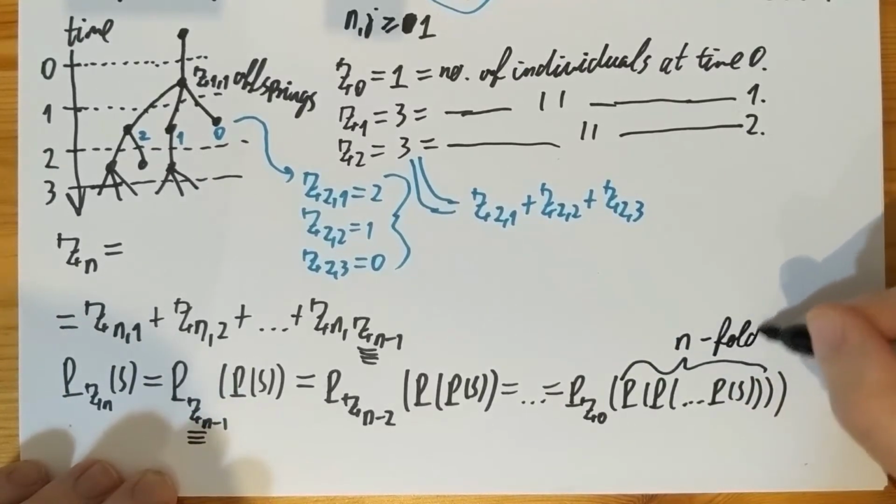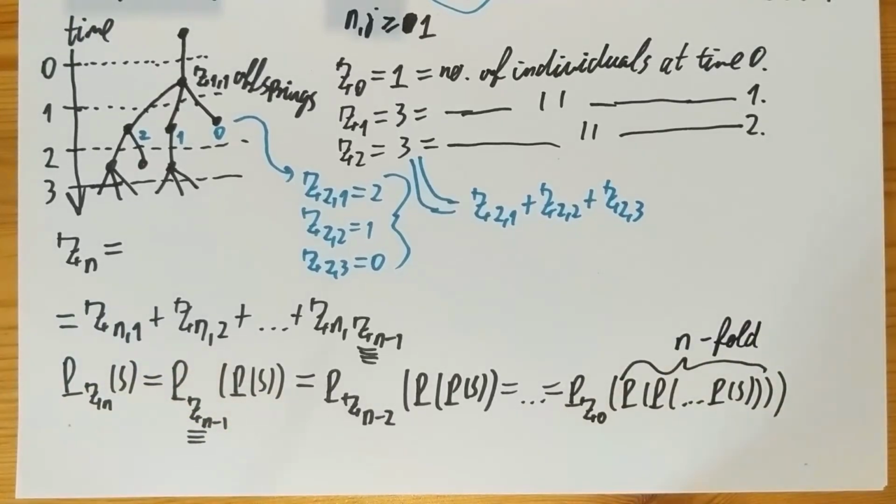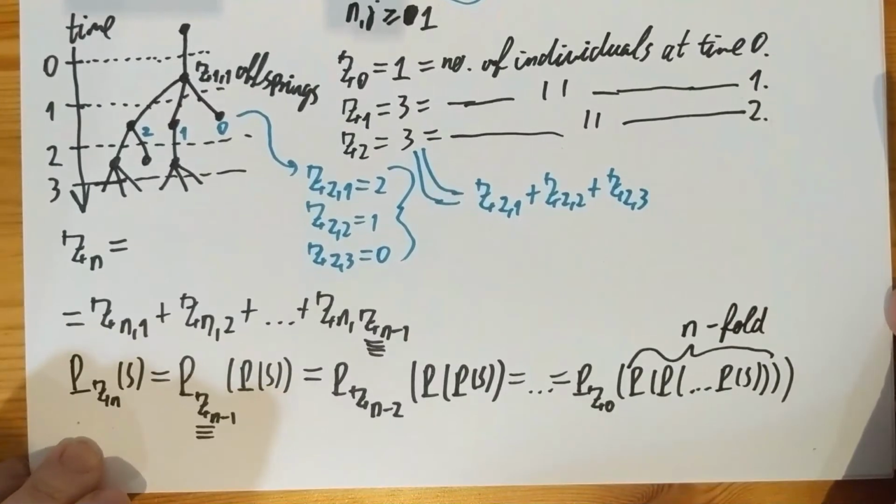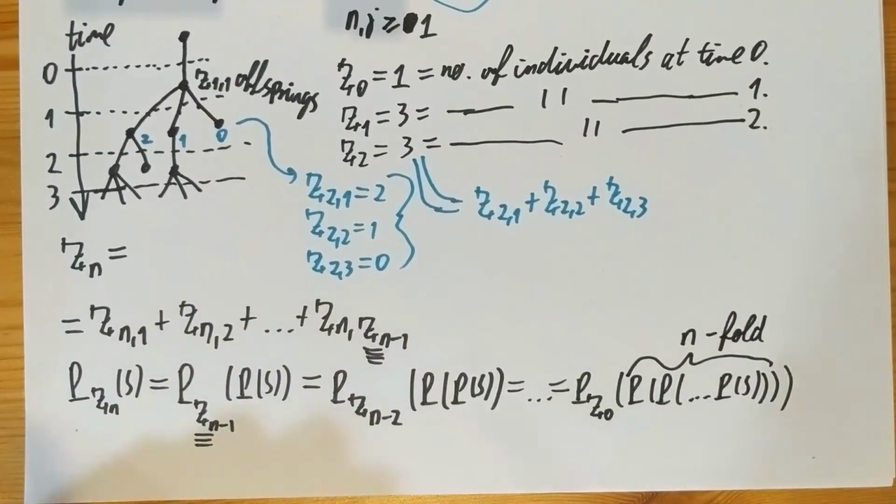This is an n-fold composition of the individual generating functions P of S. It's clear that I can do this because, for example, if n was 2, then P of Z2 would be P of Z0 of P of S, and that's when I have the two-fold composition. So if you look at how many times I need to do this step, then this works out.